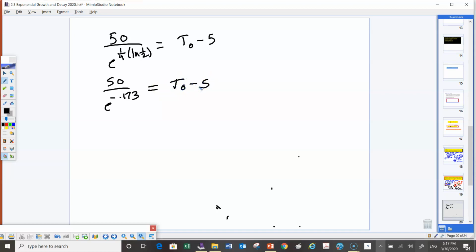So 50 divided by e to the negative 0.17 is... that can't be right. 50 divided by e raised to the negative 0.173 is 59.44.